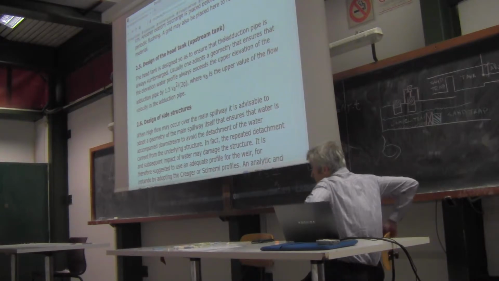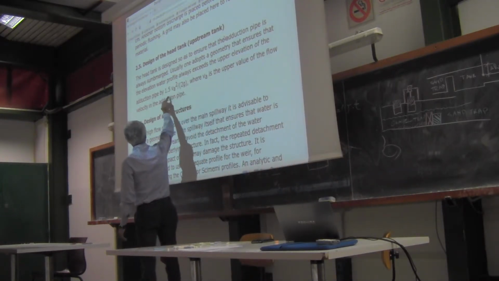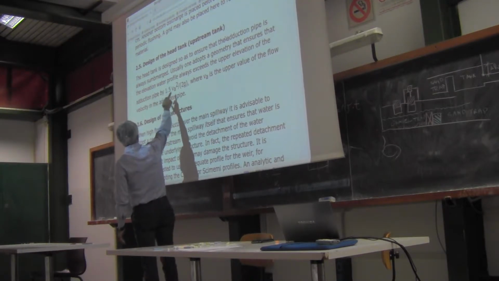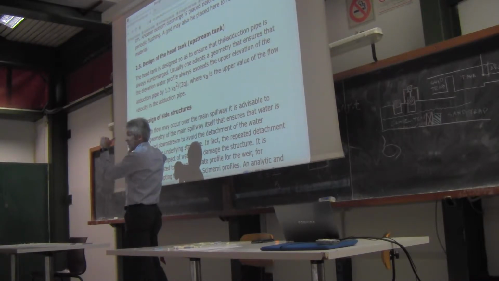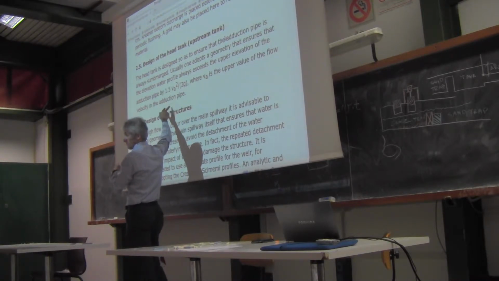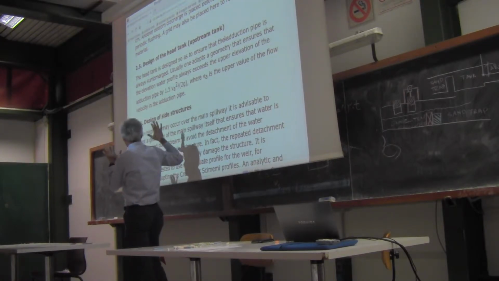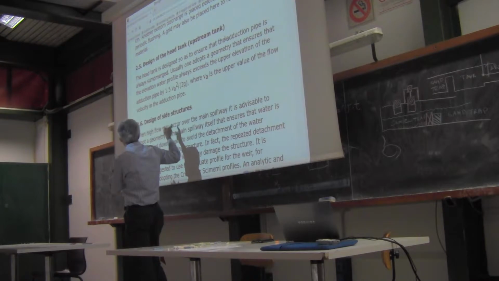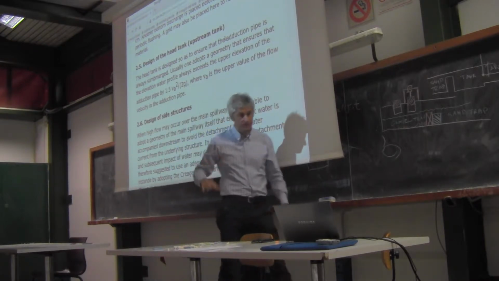There is a formula here, which is empirical, not really empirical, but let's treat it as an empirical formula, to determine the submergence, the minimum submergence for the sealing of the pipe. Please learn it. But I leave this to you to read because it's very descriptive. And for the design of the side structures, same thing.